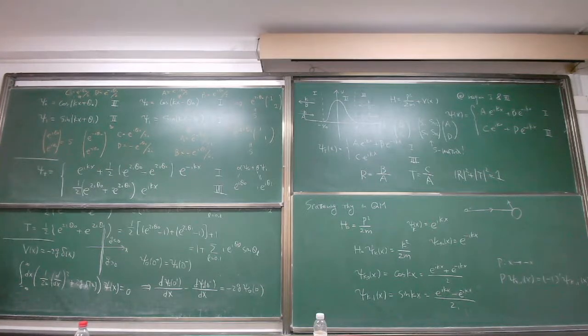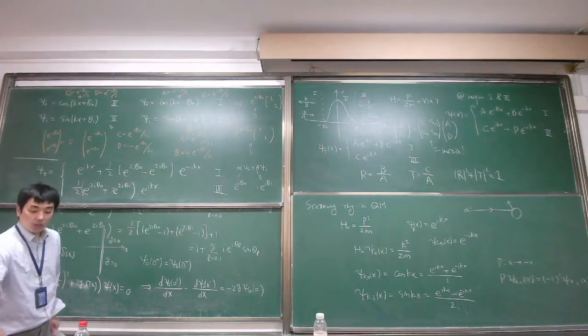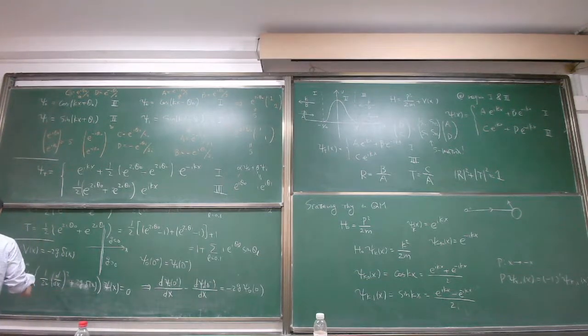Let me think. Oh, I think here I normalized m equal to 1. Sorry, I'm very sorry, I was sloppy about the coefficient. I think I ignored 2m here, so I drop this part. Then does it make sense?